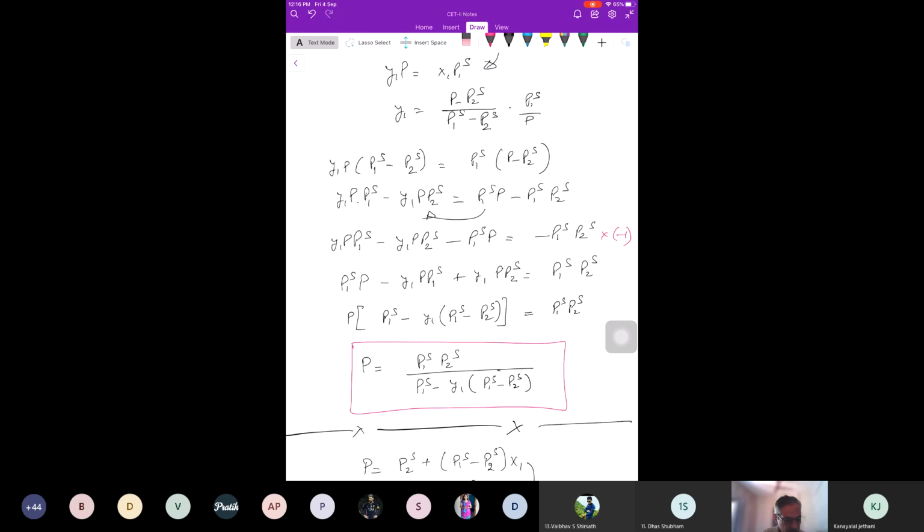Calculate pressure at 330 Kelvin for Y1 equal to 0.4 and P equal to 65.